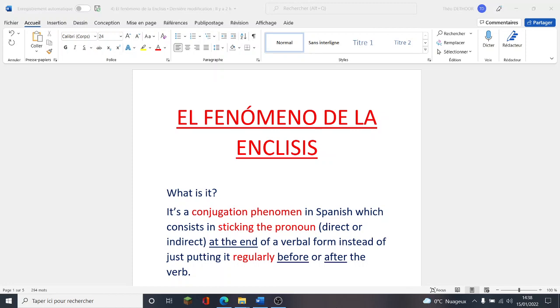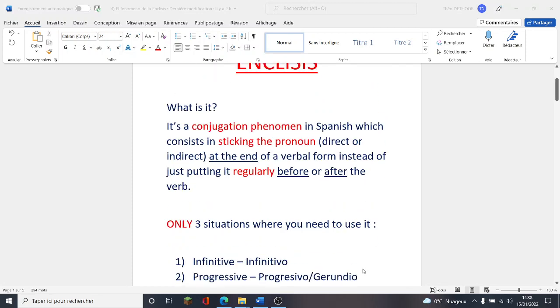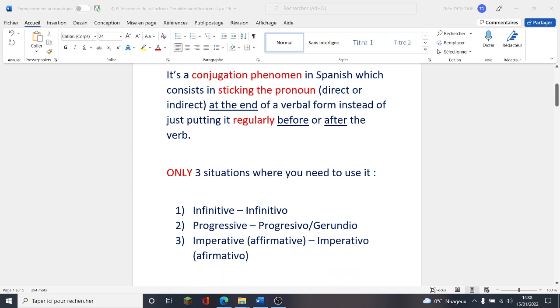Nowadays, it's not used a lot anymore, but you still need to use it in three contexts, which are the following ones: infinitive forms, progressive forms, and imperative affirmative forms. Those are called infinitivo, progresivo or gerundio, and imperativo afirmativo in Spanish.